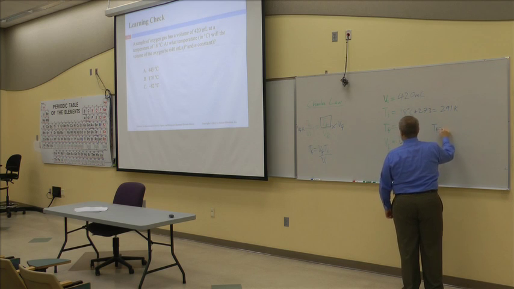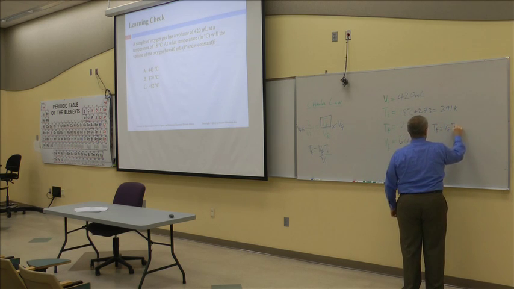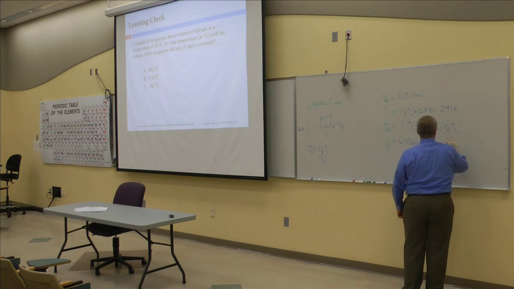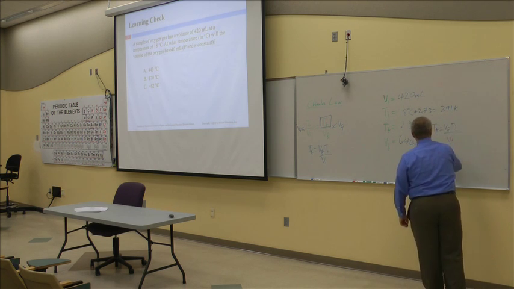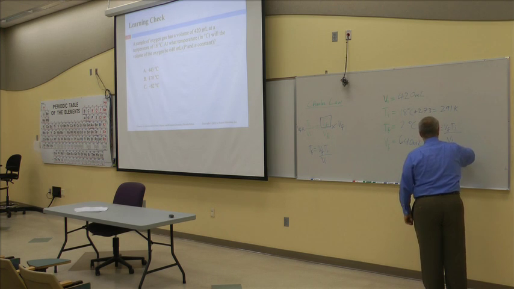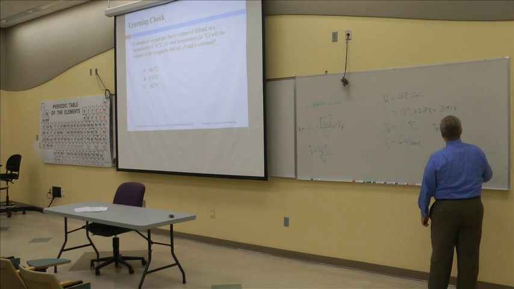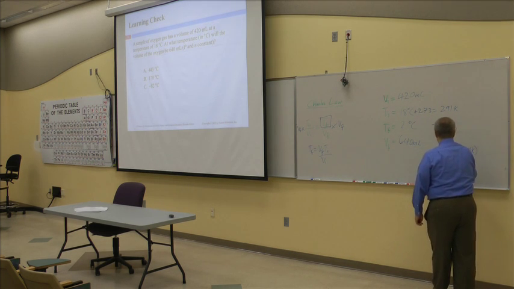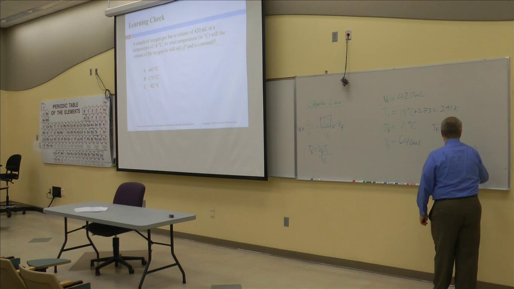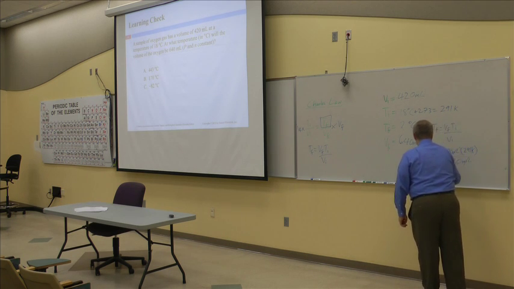TF equals VF TI, all divided by VI. Plug in some numbers now. 640 milliliters. Multiply that by TI, which is 291. Divide that now by VI, which is 420 milliliters. And what did you get in Kelvin?